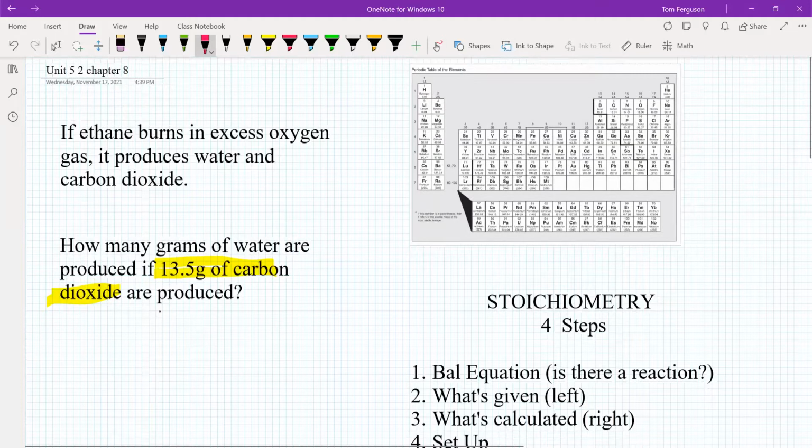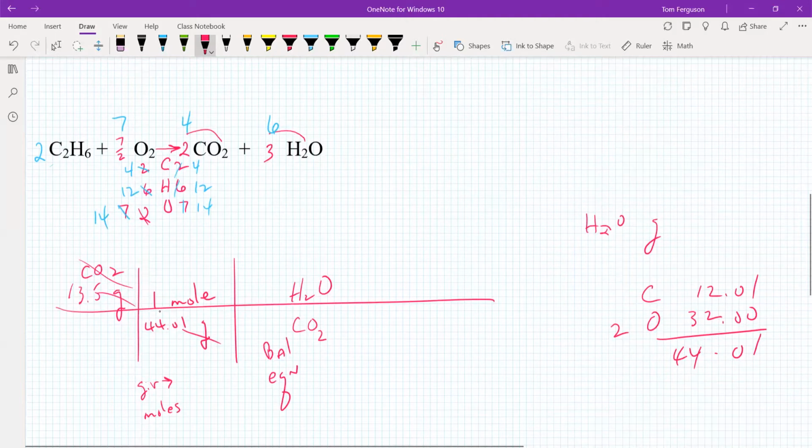Well, water is 3, carbon dioxide's 2. Notice carbon dioxide cancels. That gives us now moles of water. We want to go from moles of water to grams of water.